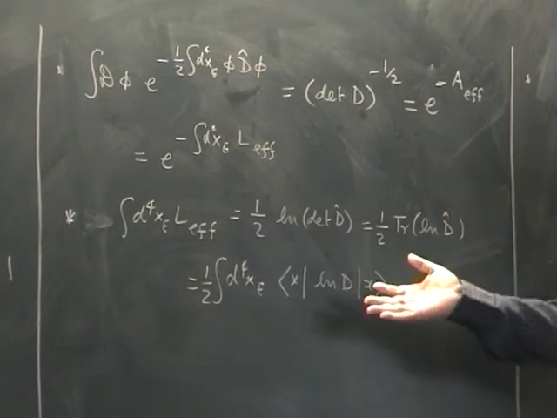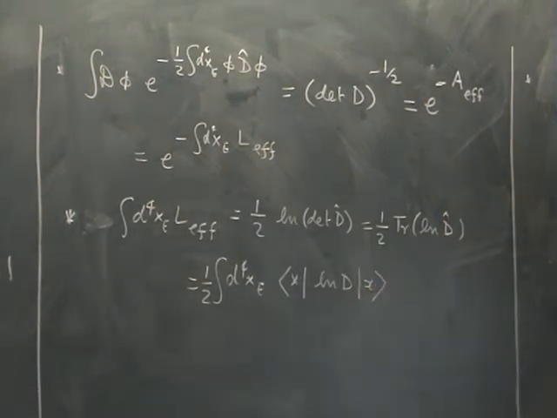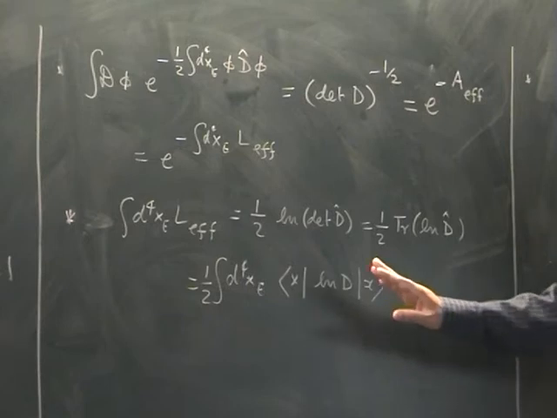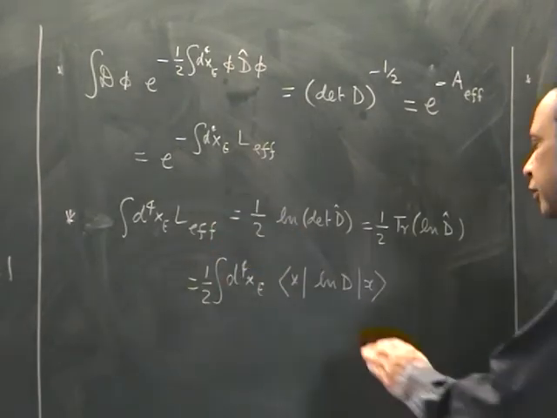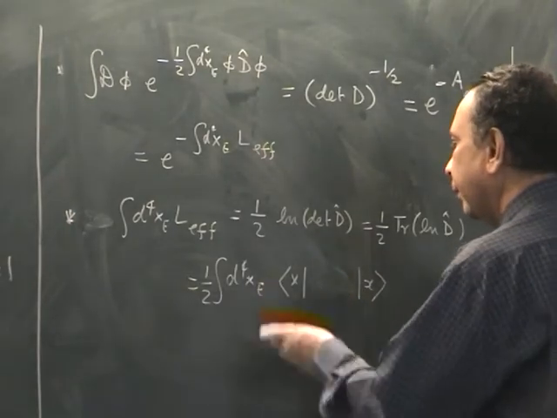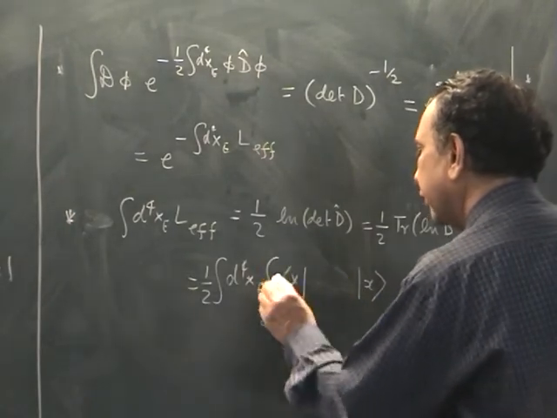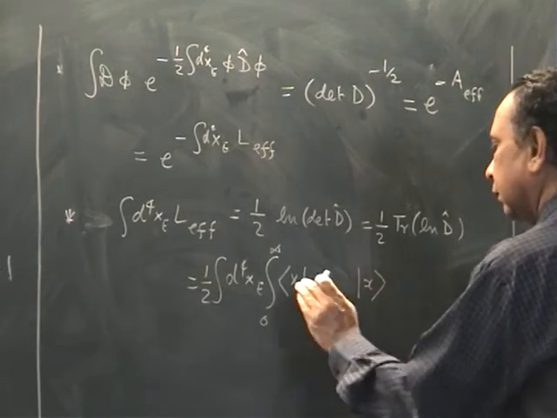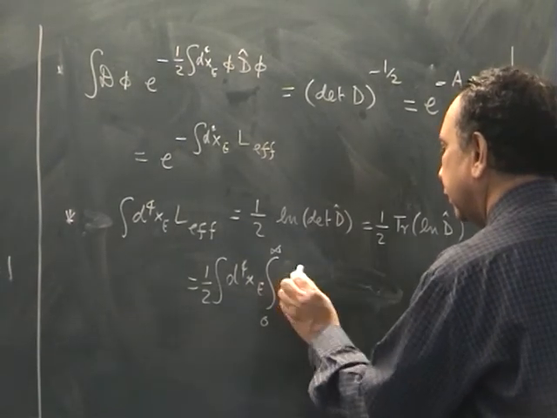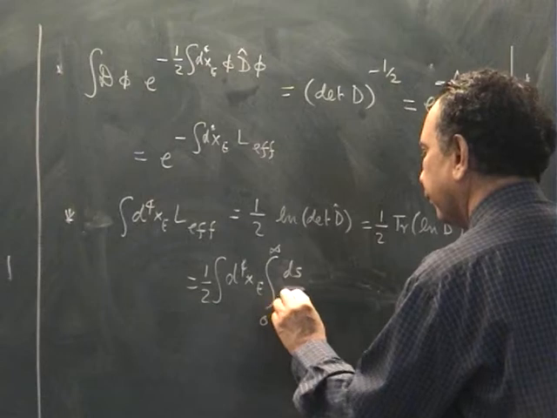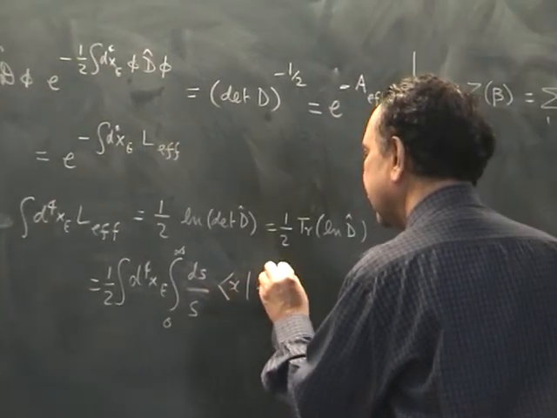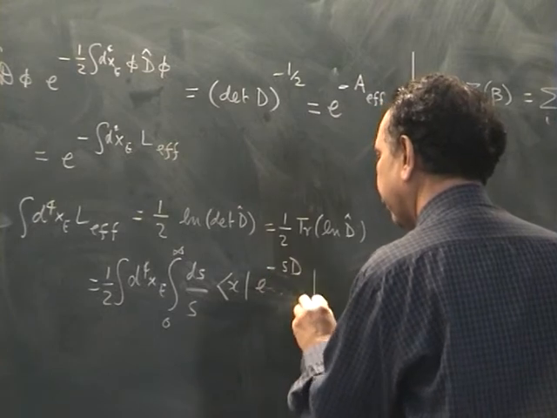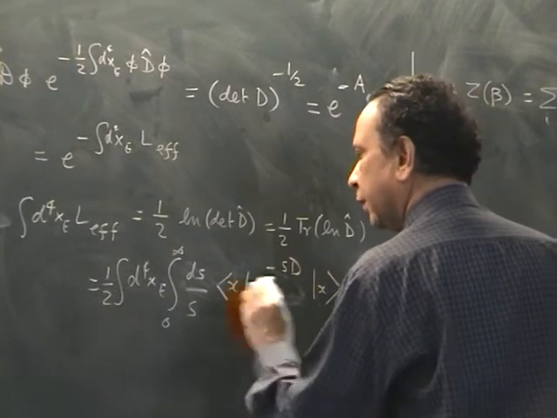In fact, in Euclidean it is nothing more than quantum mechanics. Here you have already got this d4x taken care of, and it is also usually nice to write this log D as integral 0 to infinity ds over s <x| e to the minus sD |x> with a minus sign.